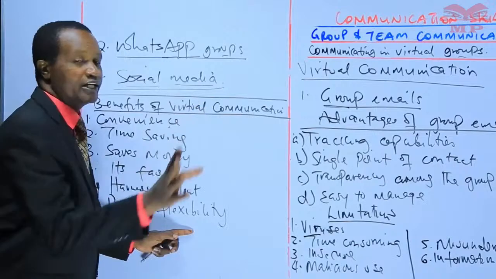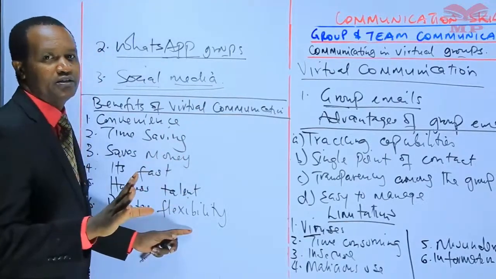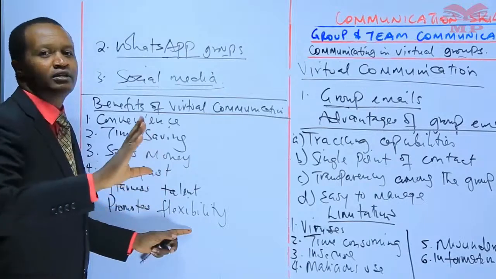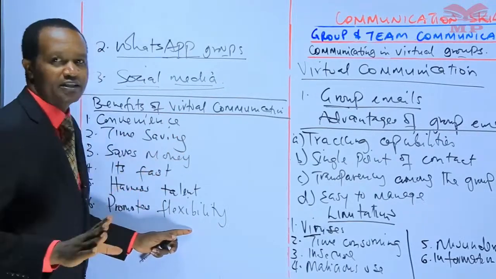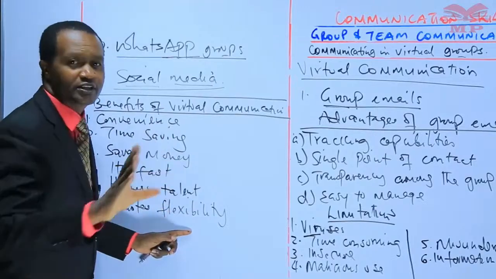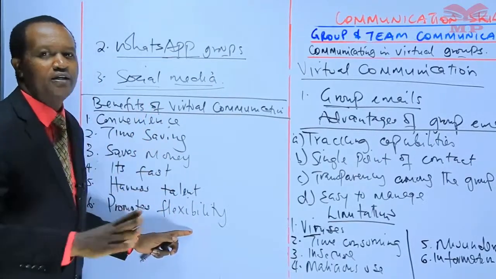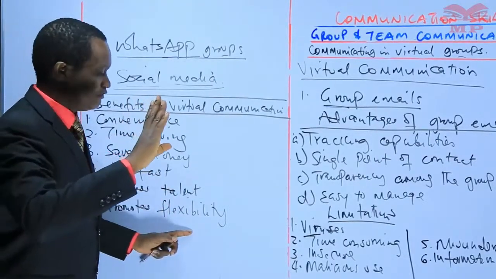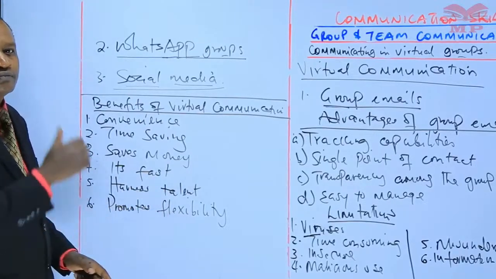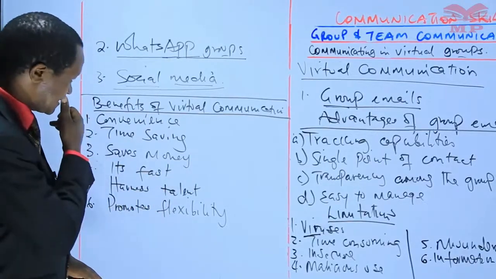Balancing work and family can be tricky. That is where virtual communication helps them work from wherever they are. Because they can communicate very fast, they can work very fast and submit their work virtually. So these are 6 benefits.